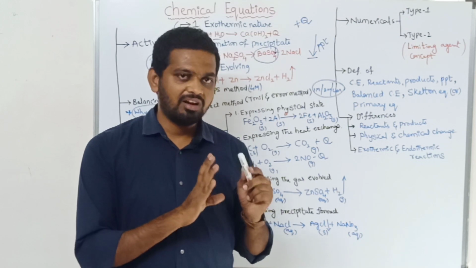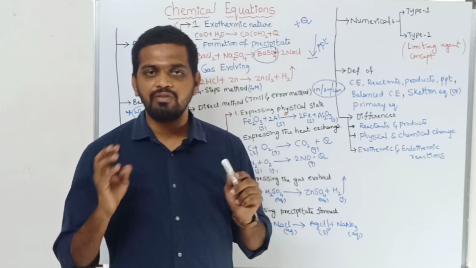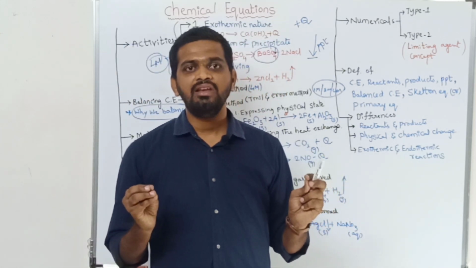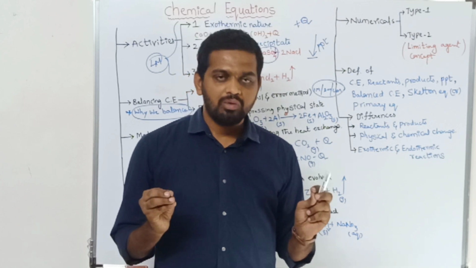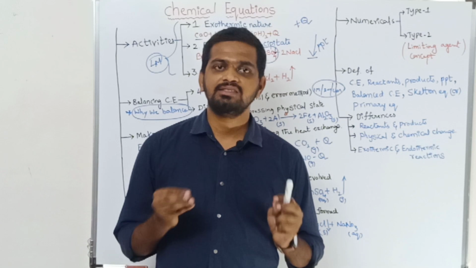More than that will not be formed, or less than that should not be formed. Is it clear? So before the chemical reaction and after the chemical reaction, the number of atoms will be the same. So to obey this law of conservation of mass, we balance the chemical equation.